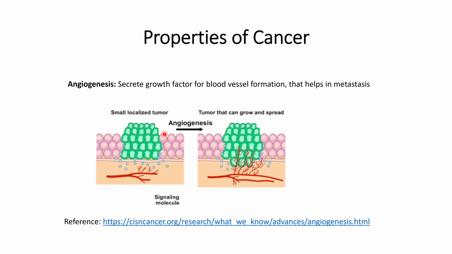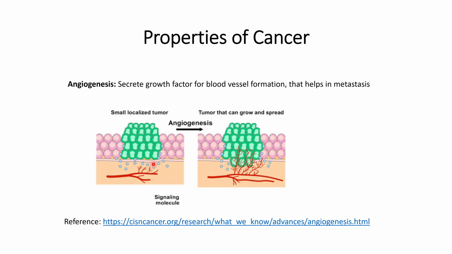Another important property is angiogenesis of the cancer cell. What is angiogenesis? Cancer cells continue to secrete growth factor for blood vessel formation. And why is it essential?